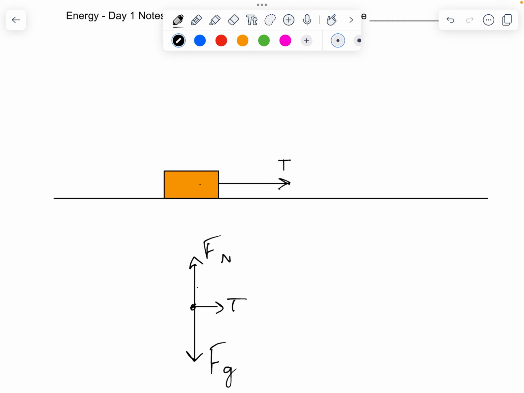Now, one equation that we're going to use in this worksheet is work equals F parallel multiplied by D. So the key is that force is a vector and displacement is also a vector, and the force needs to be in the same direction as the displacement.